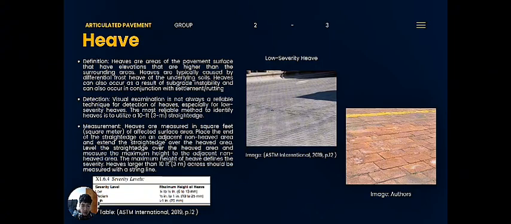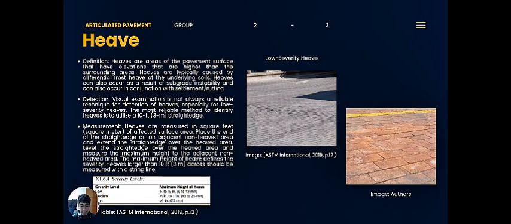For measurement, heaves are measured in square feet or square meters of affected surface area. Place the end of the straightedge on an adjacent non-heaved area and insert the gauge. And here we can see in one table the categories for severity level: low, medium, high.